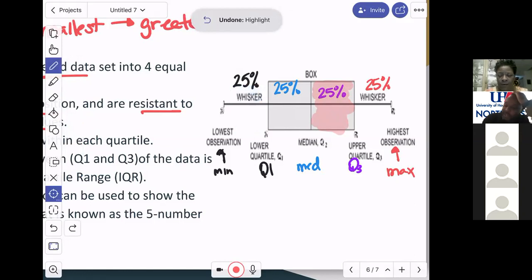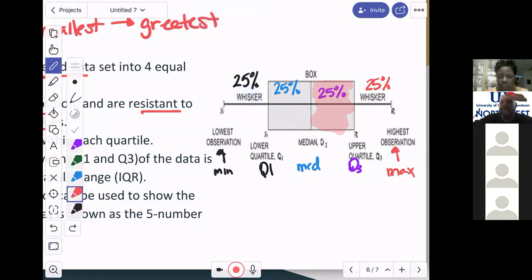The other thing we need to know is that this is a measure of spread, or how spread out the data is. If I know the max and the min, I can always find the range. The range is one interpretation of spread, and it tells me how loosely spread out the data is.